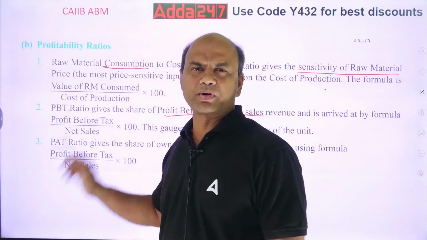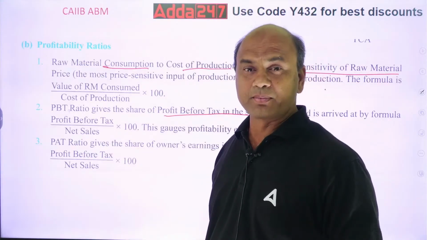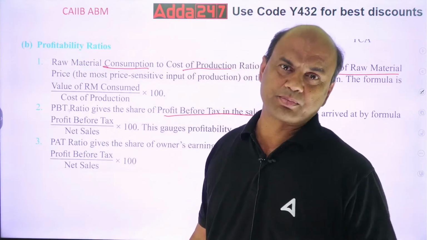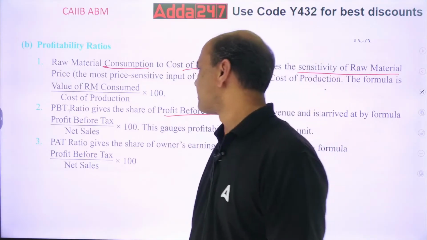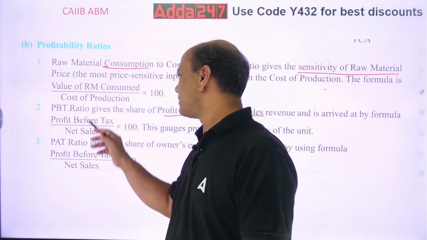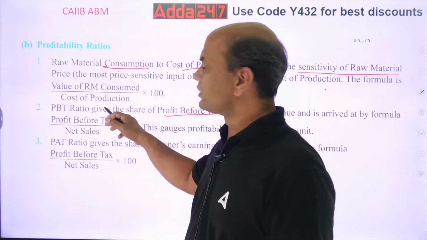Now this profit before tax, you can call it a net profit ratio also. Net profits are of various types: net profit before tax, after tax, many are there. Mainly these two. So profit before tax upon net sales into 100 will give you the PBT ratio.